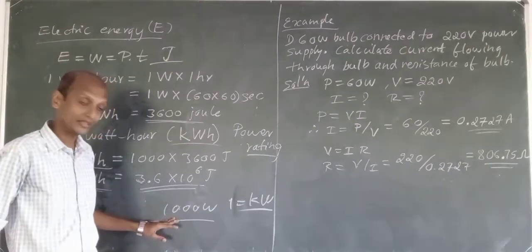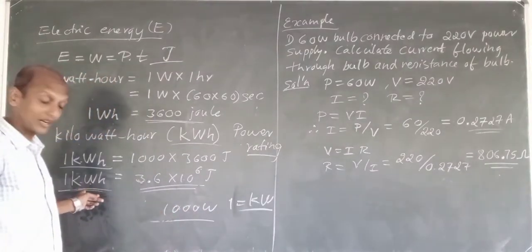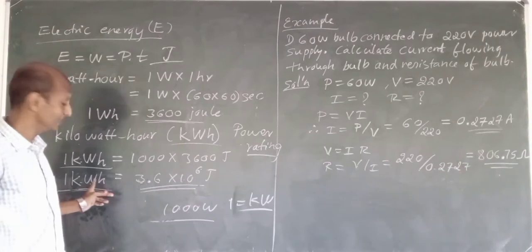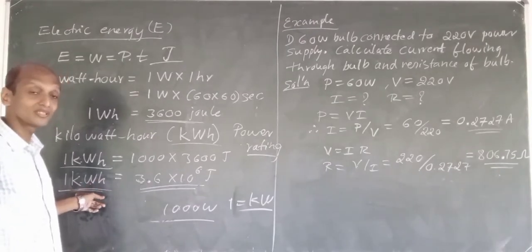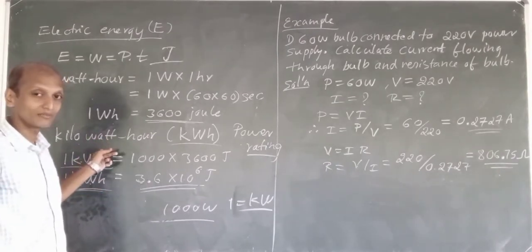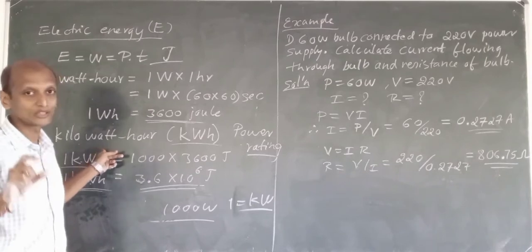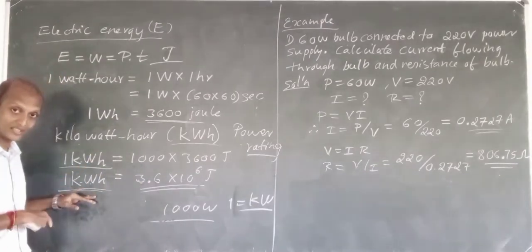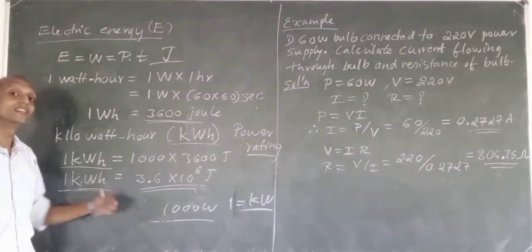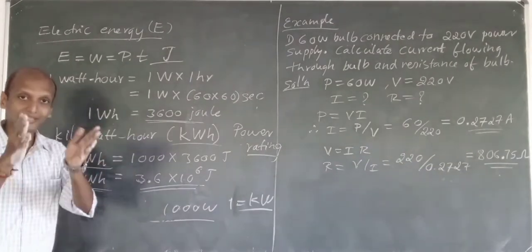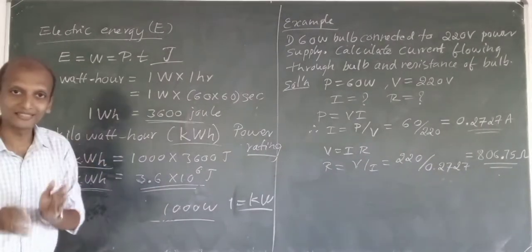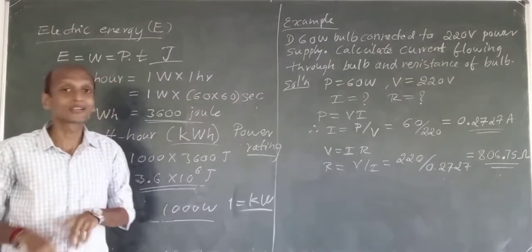Usually we won't take watts here because our calculation is in terms of kilowatt hour, since watt hour or watt seconds is a very small unit. So it is 1000 watts. That is the major thing, like 1 kg is 1000 grams.